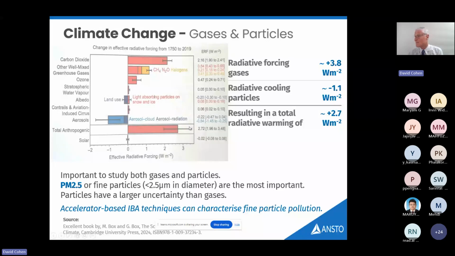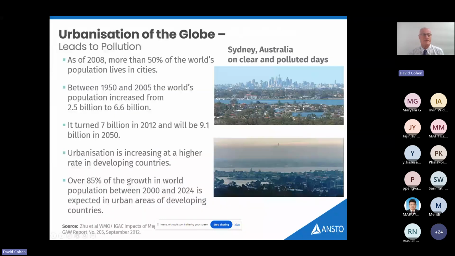Well, right now, actually. Let's have a look at this. Urbanization of the globe, right? What I mean by that is as we build bigger and bigger cities, people moving into bigger cities generate more pollution. And as of 2008, more than 50% of the world's population lived in cities.